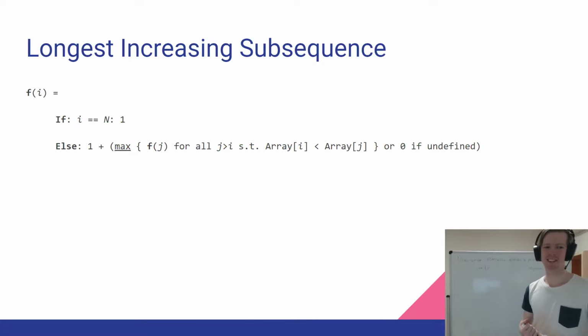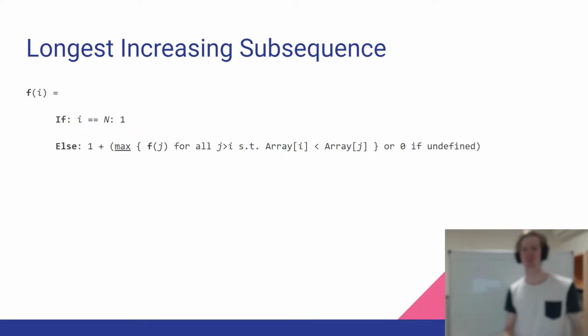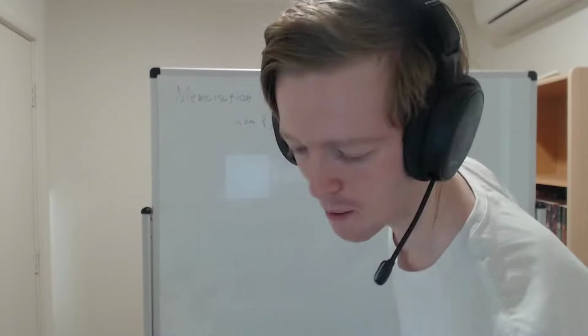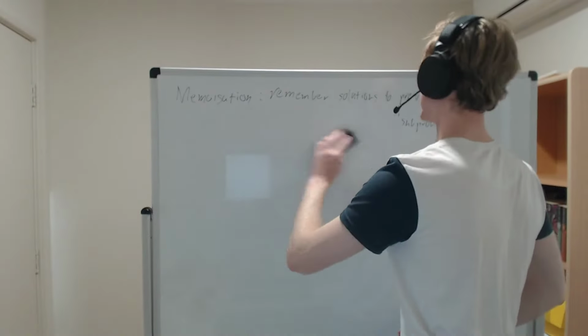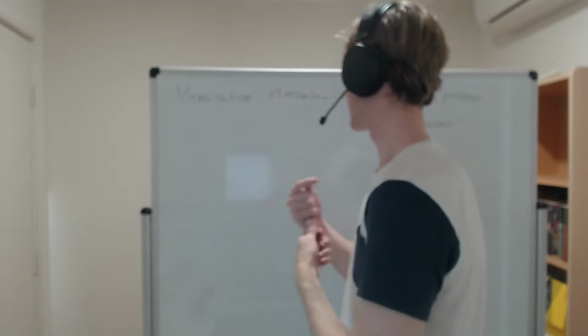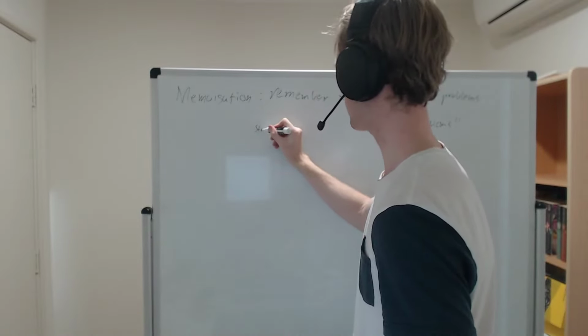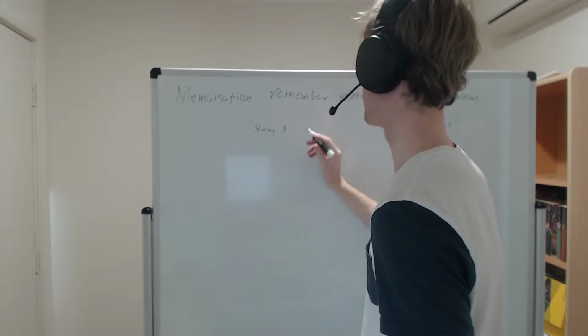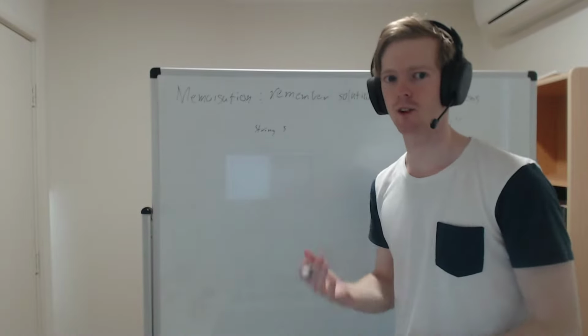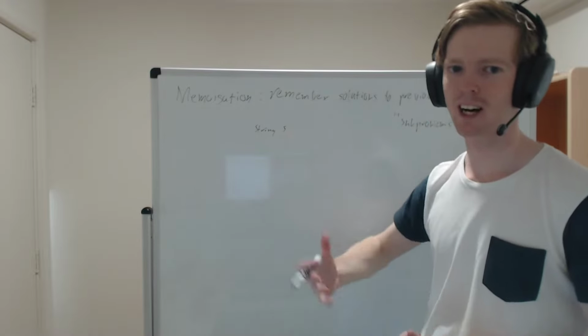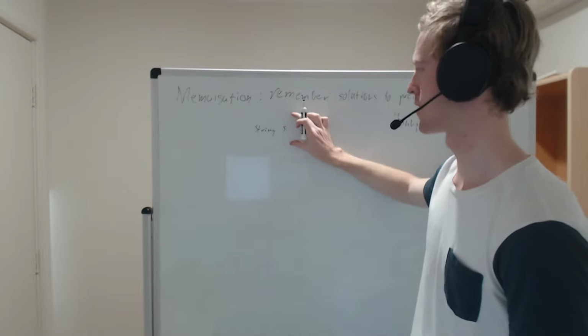Basically, we look at our function if i equals n. So if it's the length of our array, obviously in an actual string implementation, say you had a string s, you can either store that n outside of the function or just get it from this s.